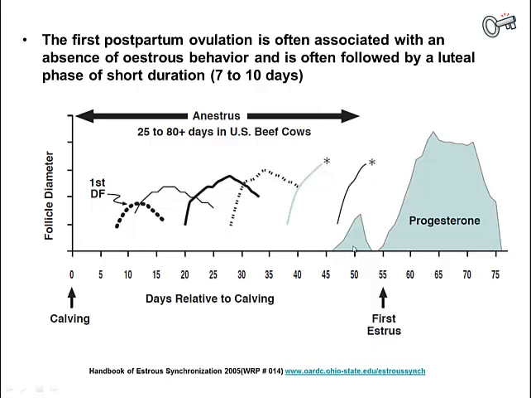It's usually a lot shorter than that. But once they go into their second cycle and their third cycle, it usually stretches out this luteal period to that 16, 17, 18 day period. So the message here is that the first ovulation postpartum is not always, but quite often is not accompanied by behavioural signs of estrus, and the length of the luteal phase following that ovulation will generally be shorter than normal.